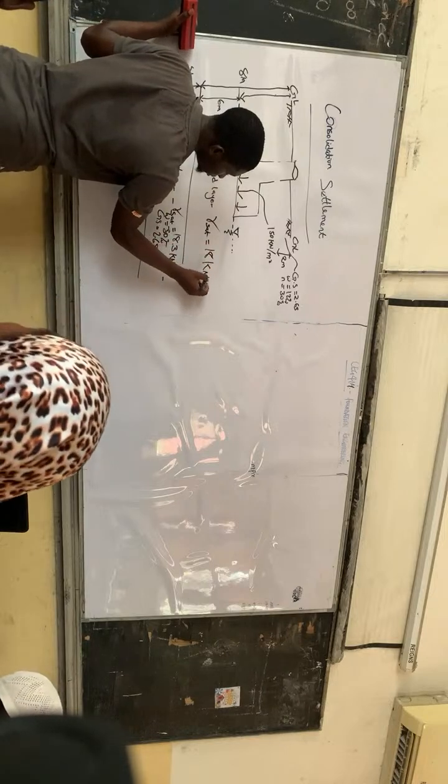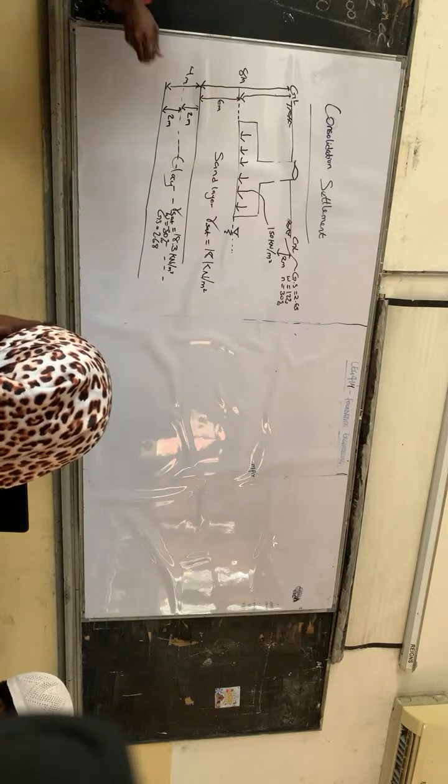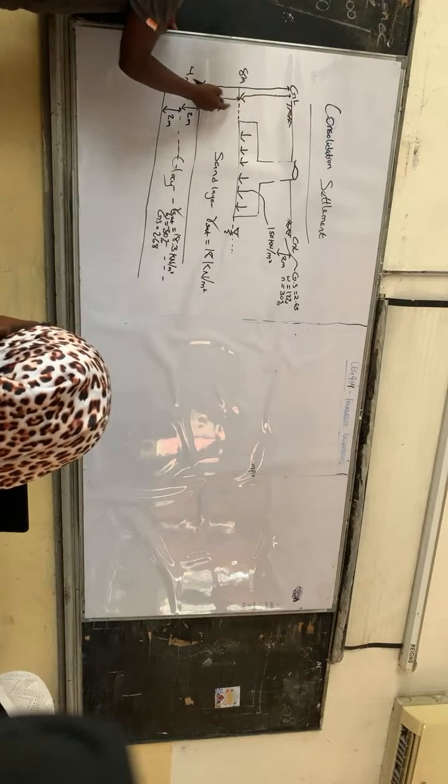Should we just use 18 now? Because they just said the depth of the foundation is 2 meters. Moisture content, that's how they give it to us. N is porosity.